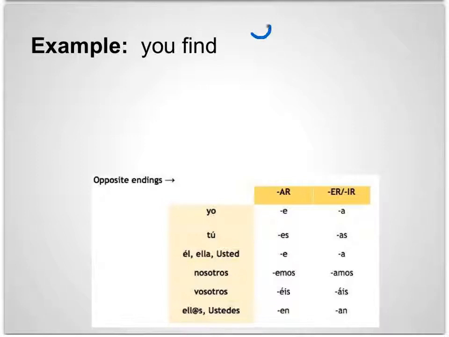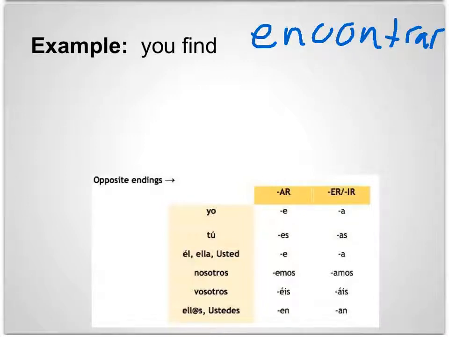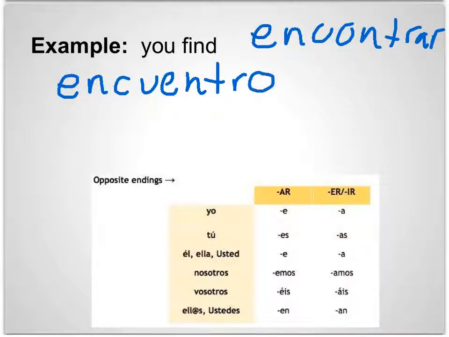Another example, find. The infinitive for find is encontrar. The yo form, right, that's a stem changer. So it would be yo encuentro.